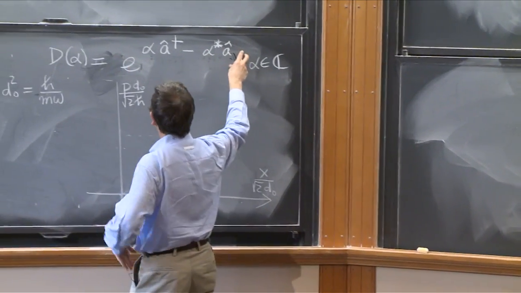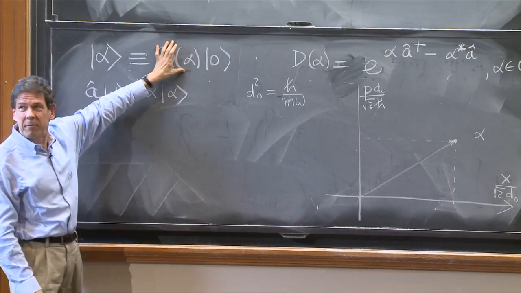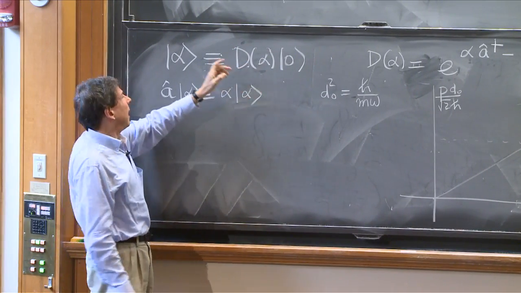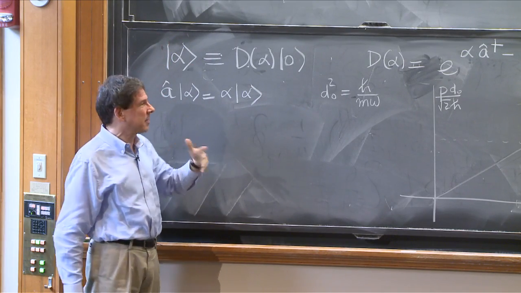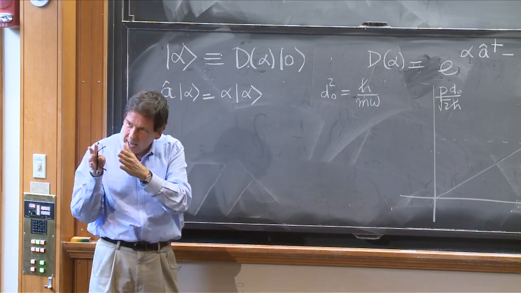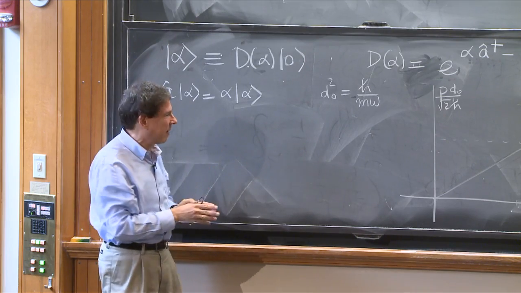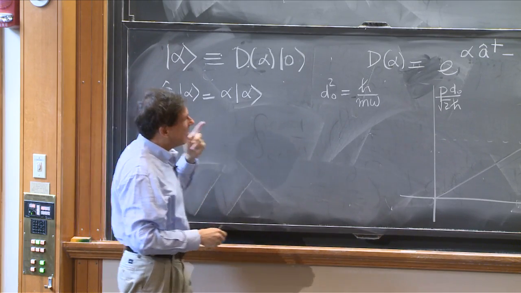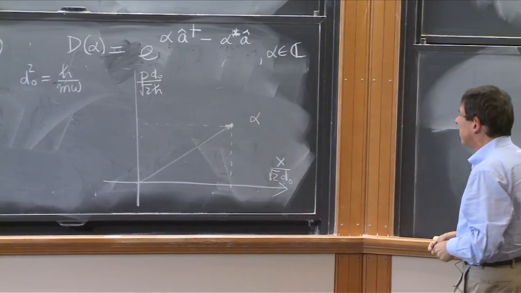The whole operator is unitary. And you're acting with a unitary operator on the vacuum. And therefore, this state is also well normalized and represents a state with some expectation value of the position. Just like the coherent state, we moved it to the right, and it had some expectation value of the position. But this one also has some expectation value of the momentum.